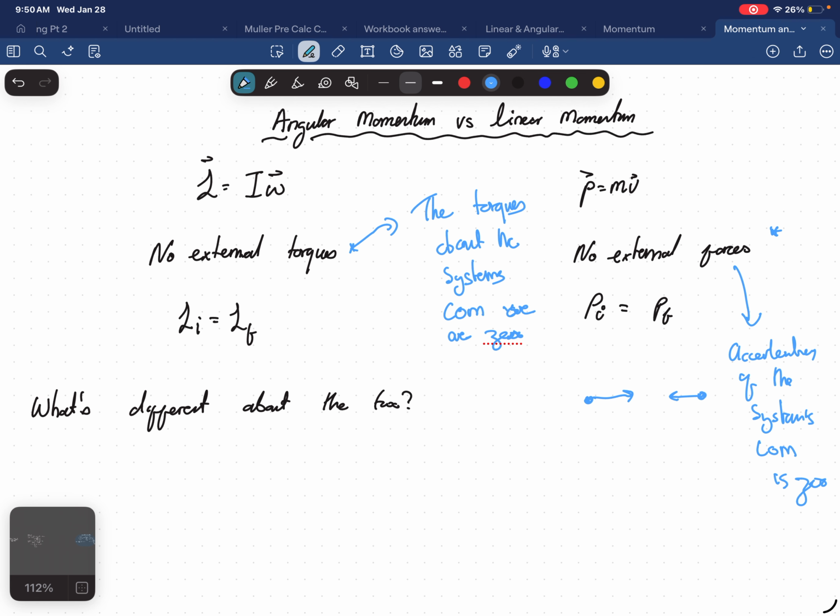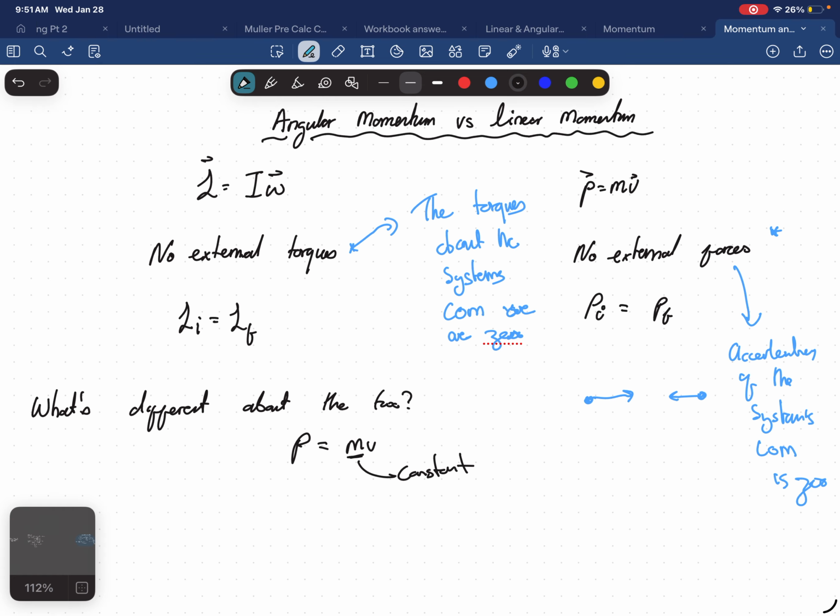Now, what's the difference between the two? This is really what I want to dive into. With momentum, m is a constant. It will not change.